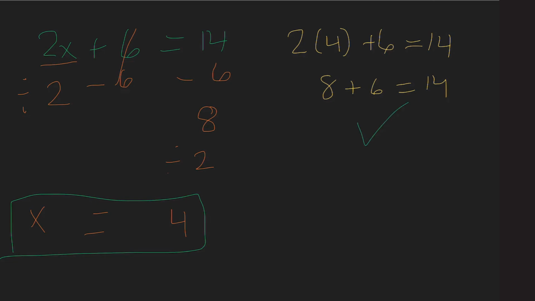Alright, now let's move on to another example. Let's do 3 times y minus 1 equals 18. So first we have to distribute. 3 times y, and then 3 times negative 1.